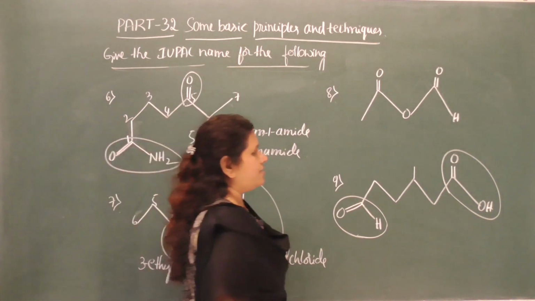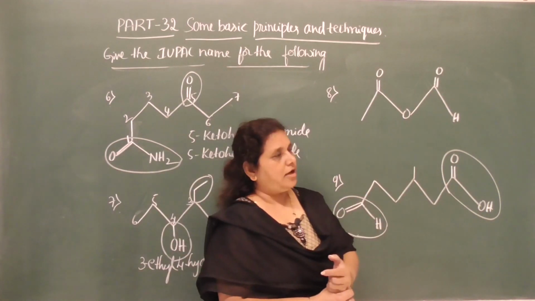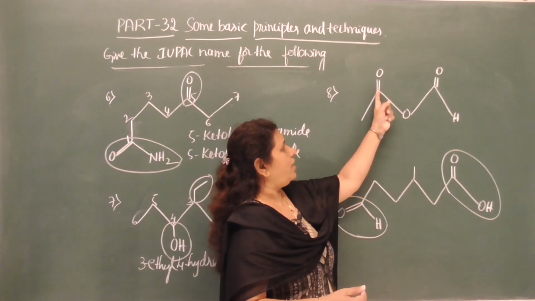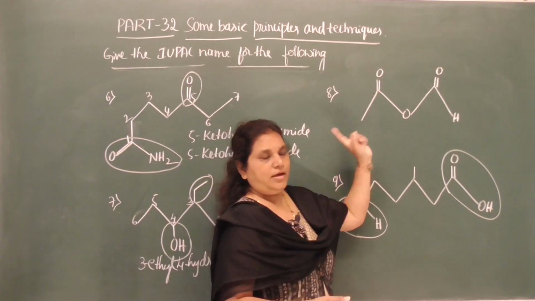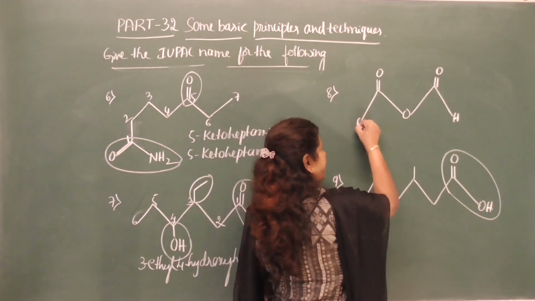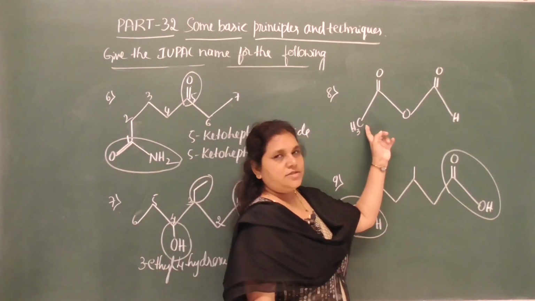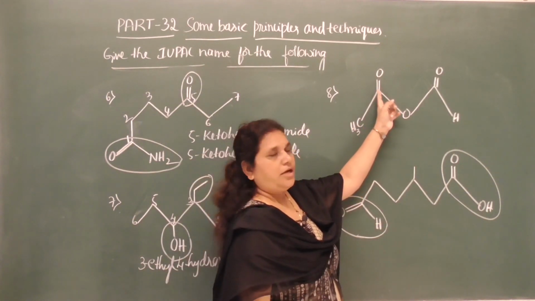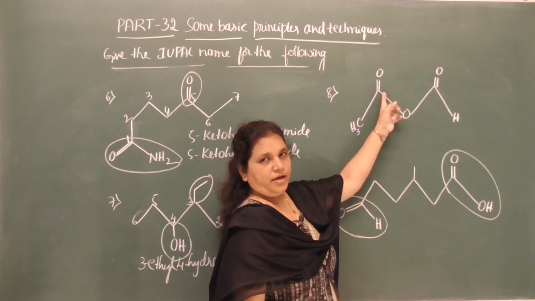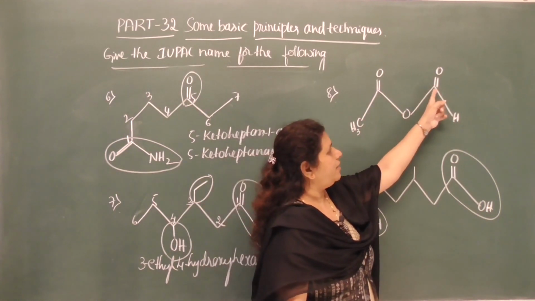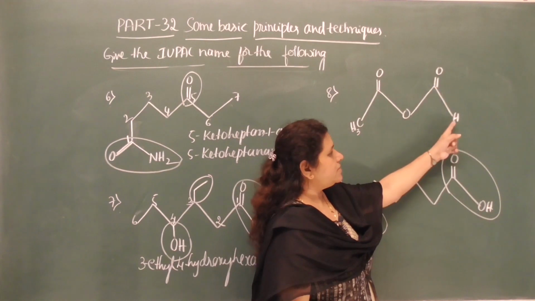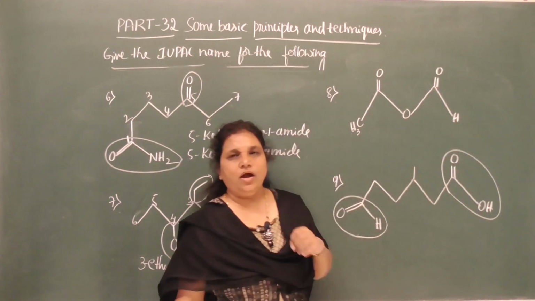As I said, it is an anhydride compound. See here, one carbon, and here the terminal position is CH3, correct? It is CH3. CH3C becomes eth, correct? Two carbon atoms, but here we have only one carbon because the terminal position is bonded to hydrogen.